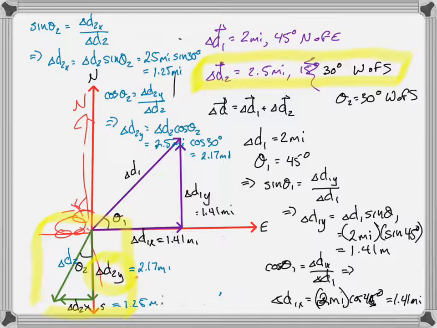Okay, so we've now broken our two vectors into components, and this is the key: we now need to add them together in order to find the resultant vector that the bunny with antlers went. So we can write delta D is equal to delta D1 plus delta D2.